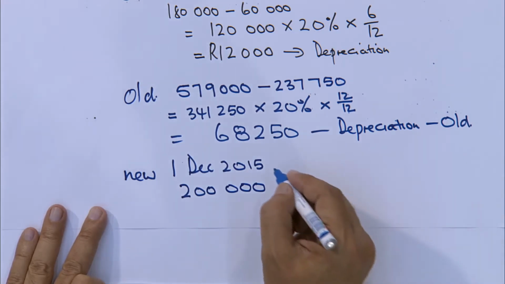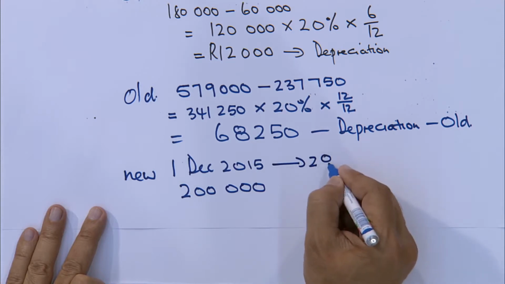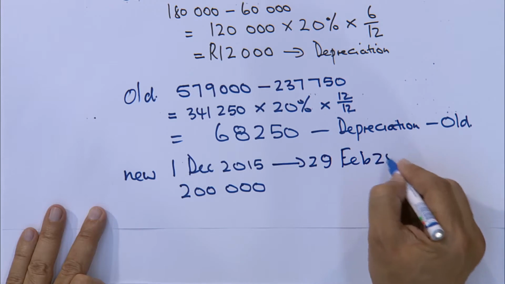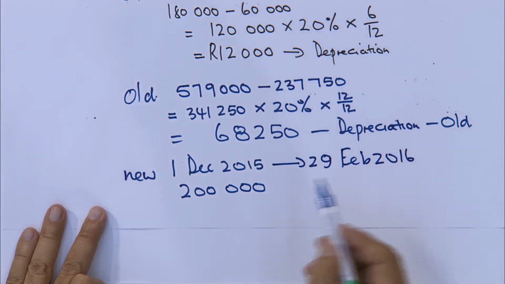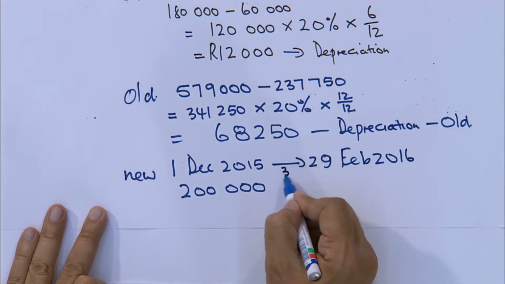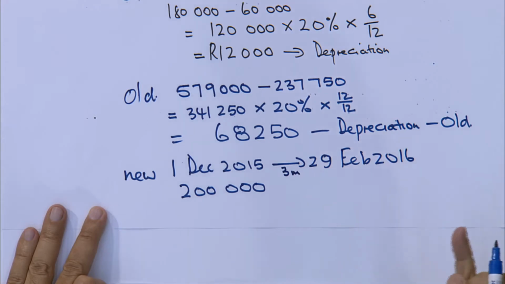Okay. And you are going to write off depreciation on the 29th or the 28th of February 2016, which means you only have the vehicle for 3 months, which is December, January, and February.